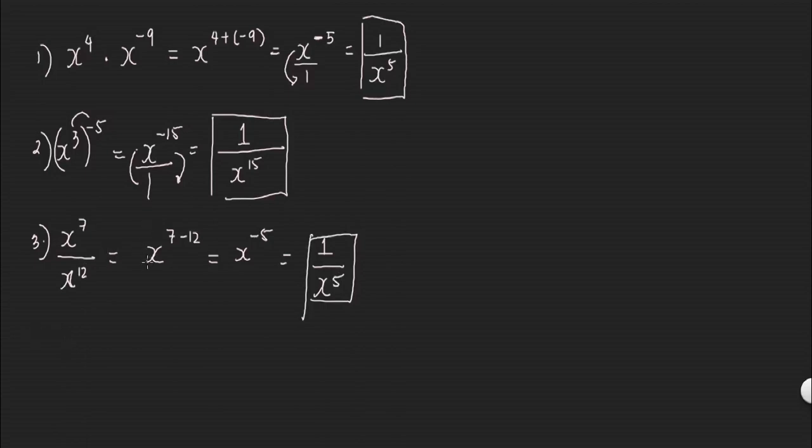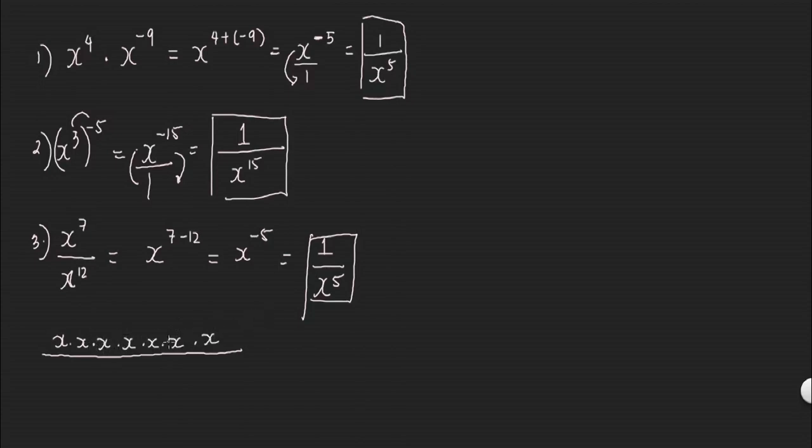Next, another form para mas maintindihan natin, bakit naging ganito yung sagot natin. So, isulat natin yung number ng x dito sa numerator natin. So, ilang x ang meron tayo sa numerator? Meron tayong 7. So, x times x times x times x times x times x times x.